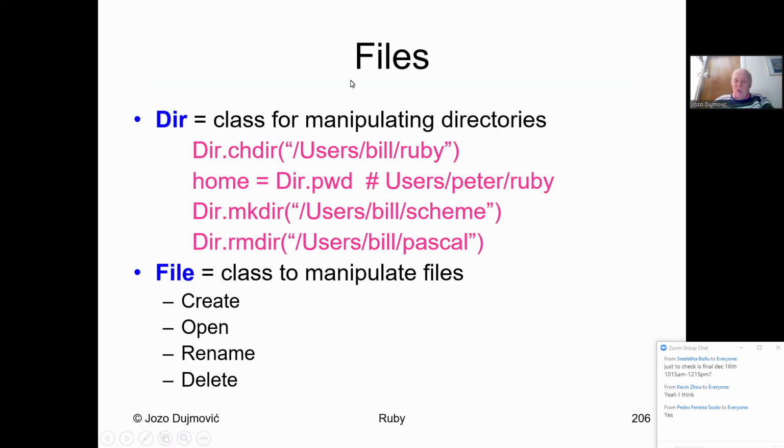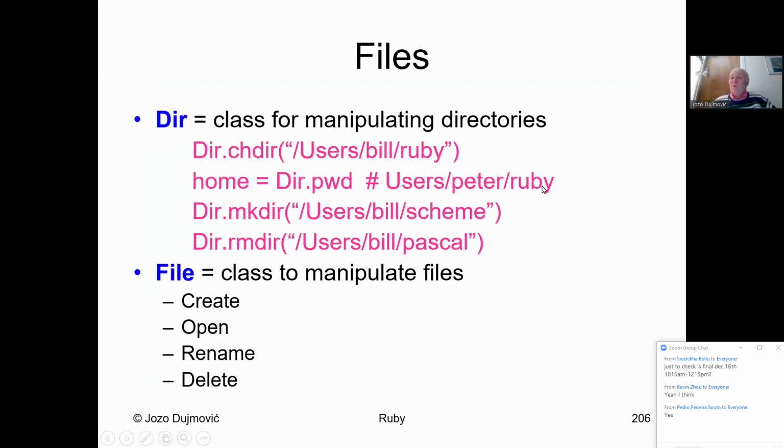Working with files is similar in all languages, and it is equally boring in Ruby as it is boring in Scheme. Working with files is always using text files line by line. And of course, Ruby has other possibilities. There is a Dir class for manipulating directories. So you can say change directory, so go from this directory to user Bill Ruby, or print working directory will tell you what is your current working directory.